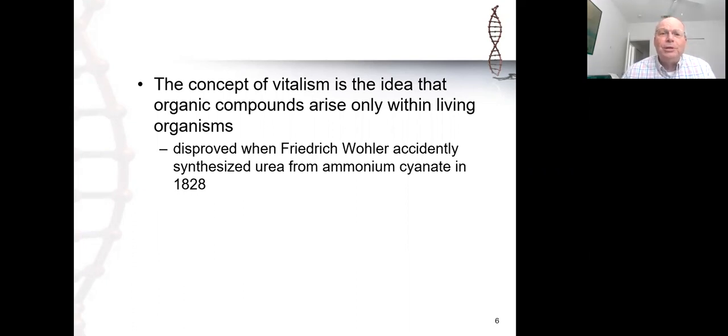So I talked a little bit about vitalism, and that was the reigning philosophy at the time that Friedrich Wöhler, a German chemist, accidentally created urea. Now, Wöhler was in an ideal position to realize that he had made urea because he was studying the chemical compounds that were found in urine.